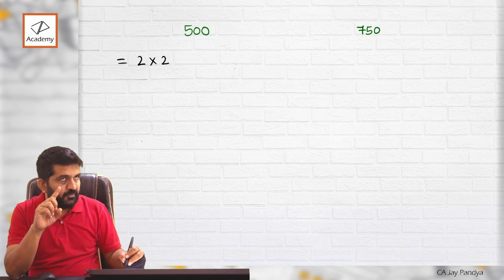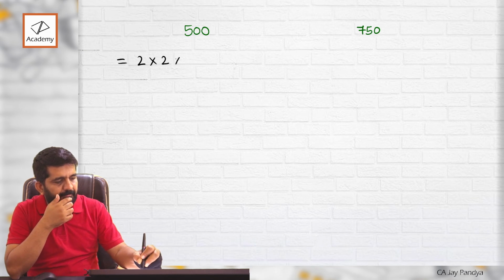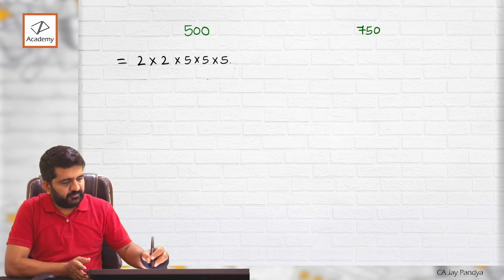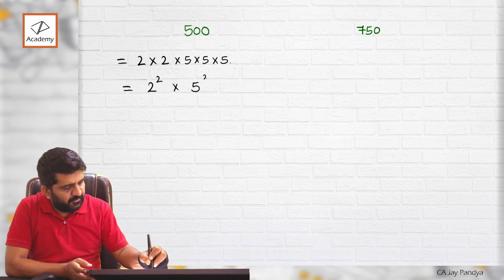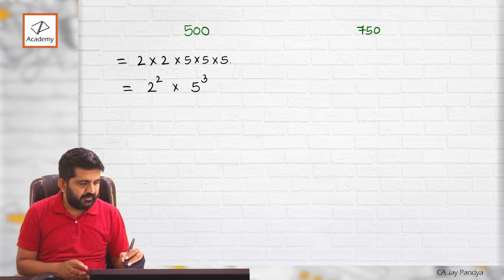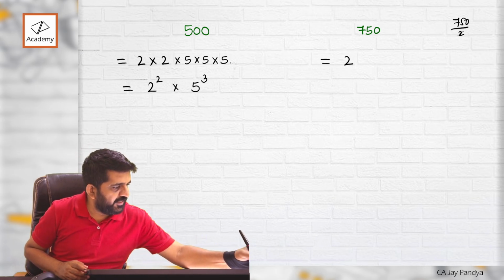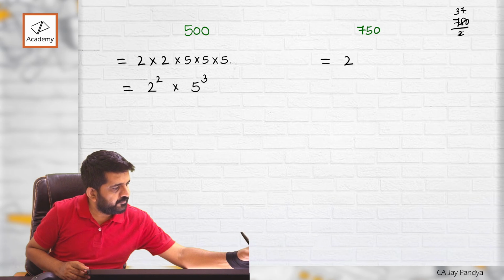If it is 25 5s are 125. This is 2 square 5 cube. Now 750 divided by 2. 2 3s are 6, 2 7s are 14, 2 5s are 10.